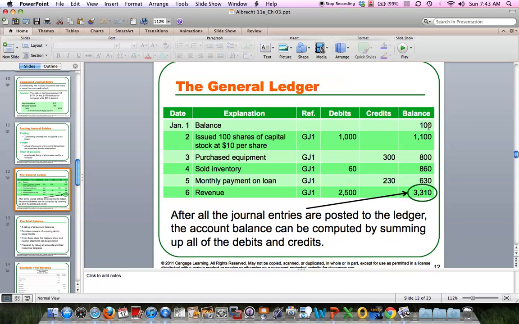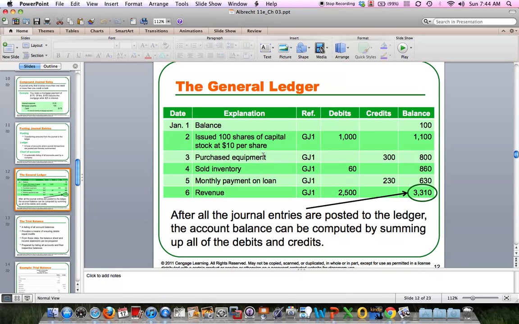Every time something happens to increase or decrease cash, we record it here. Right here, issued 100 shares of capital stock at $10 per share. We're going to debit cash for 1,000. We sold stock, received cash back, so we'll debit cash for 1,000, and now my account balance is 1,100, the 100 plus the 1,000.